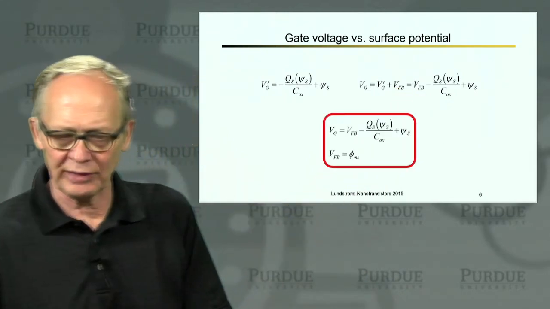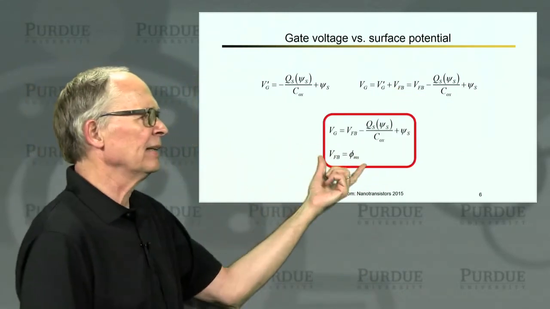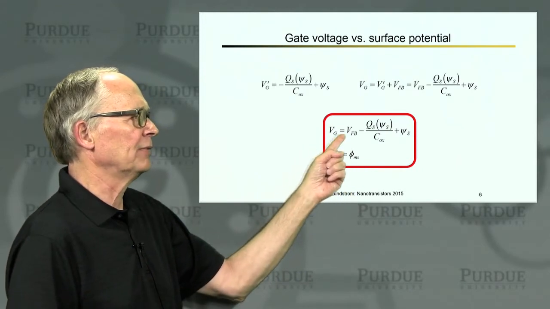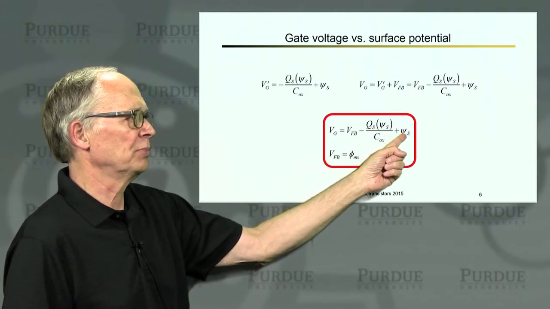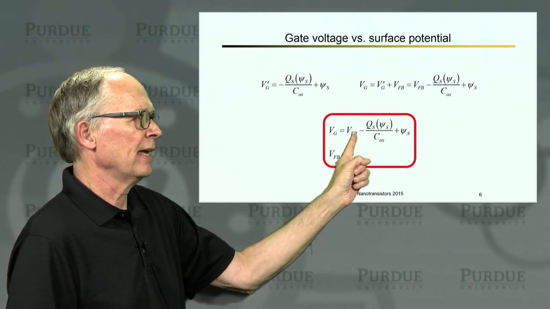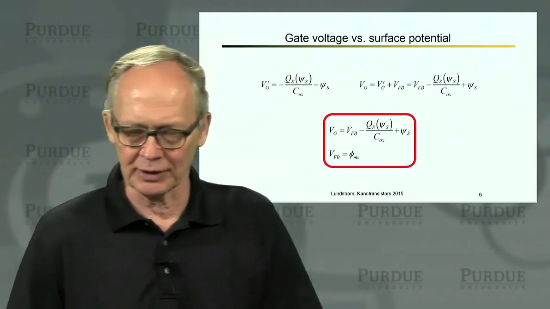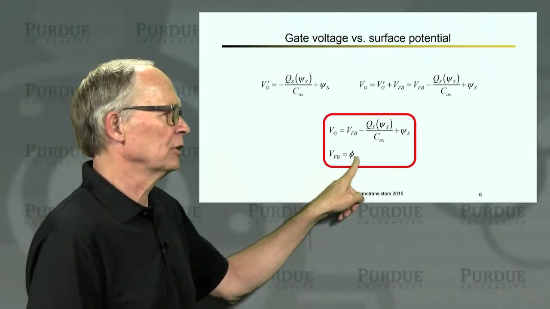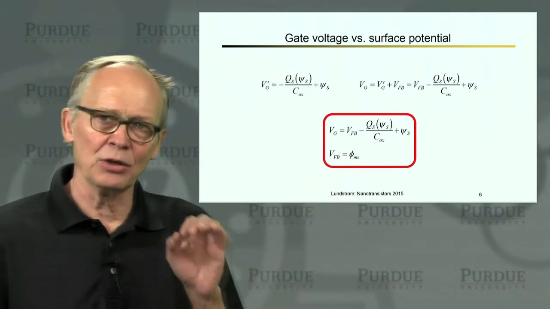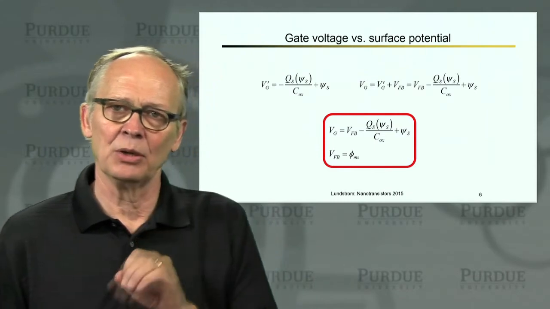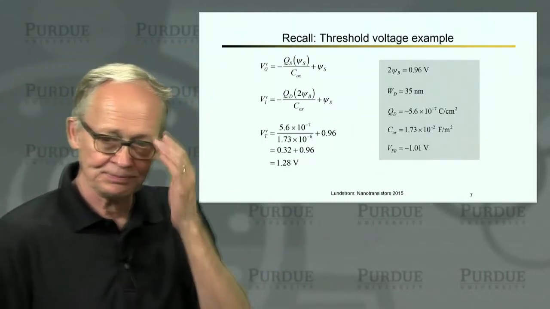So we add the real flat band voltage, and now we have expressions for the gate voltage in terms of the charge and potential in the surface and the flat band voltage as determined by the difference in these work functions. Okay, and that's presumably something that's known if we know the properties of the metal and if we know the properties of the semiconductor.